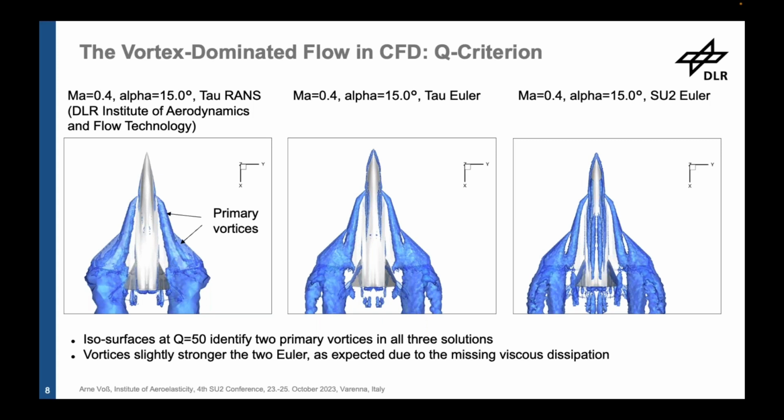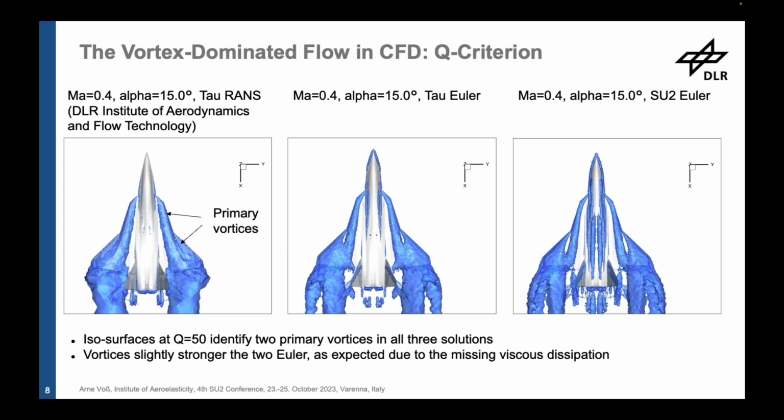And then I used isosurfaces shown in blue color here at a given value of Q, in this case Q equals 450, to visualize the areas of rotation-dominated flow. The operational point is a subsonic case with a Mach number of 0.4 and at an angle of attack of 15 degrees.